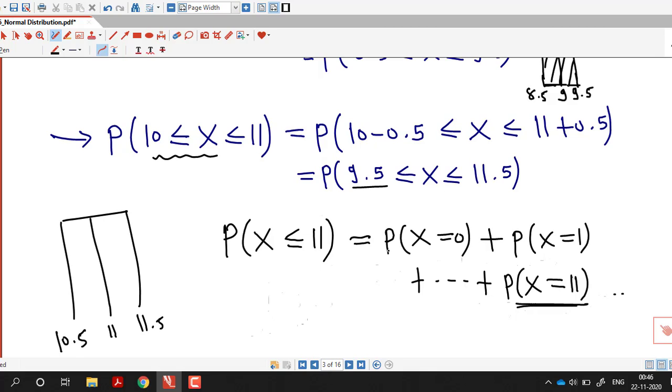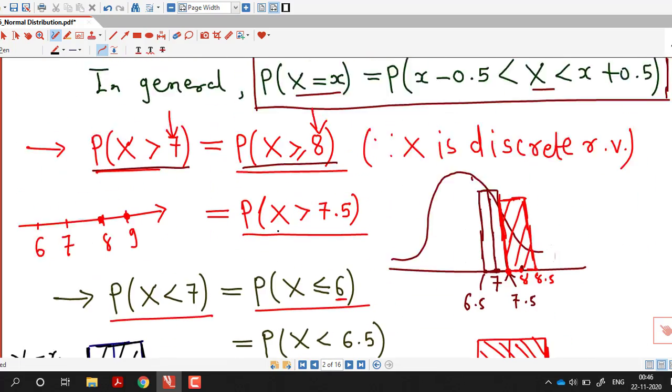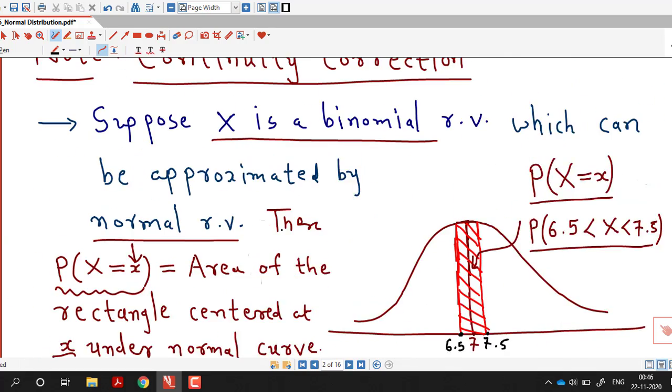We have to go to the left side of 11, but this rectangle corresponds to X equal to 11. So we will consider the left side of this boundary. We require X less than or equal to 11, so we will go to the right of 11.5. So that is nothing but the probability that X is less than or equal to 11.5. In this way we have to use continuity corrections before we calculate probabilities using the normal distribution.